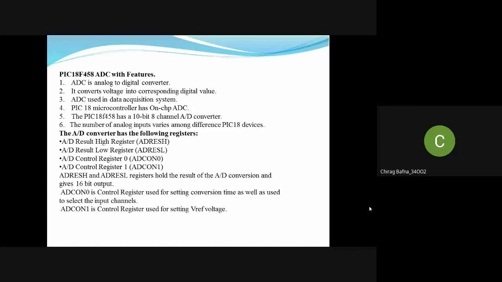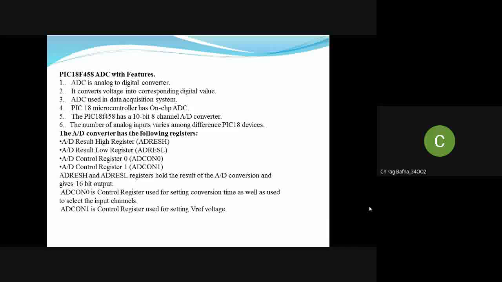The first two registers hold the result of the AD conversion and give the 16-bit output, whereas ADCON0 is a control register used for setting the conversion time as well as for selecting the input channel. ADCON1 is a control register used for setting the Vref reference voltage.